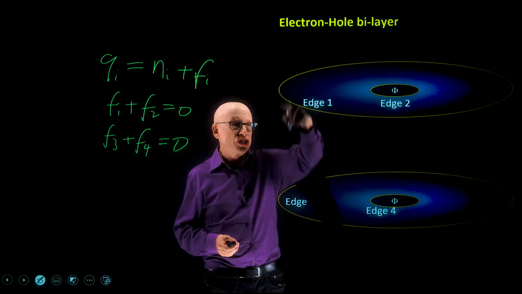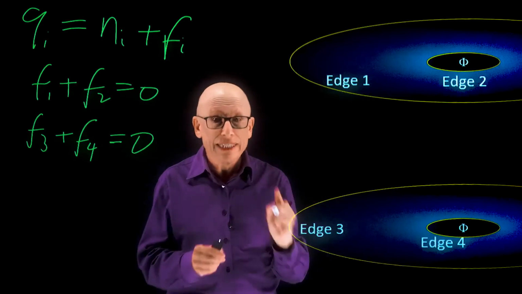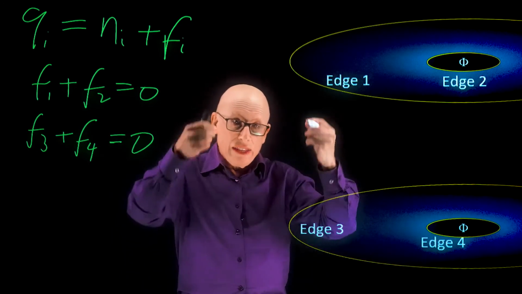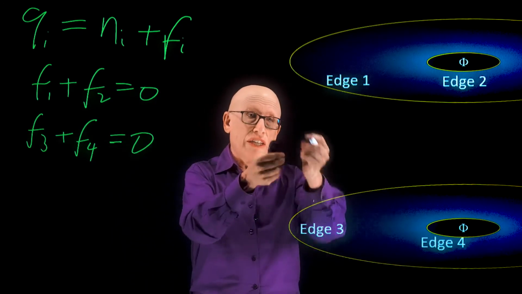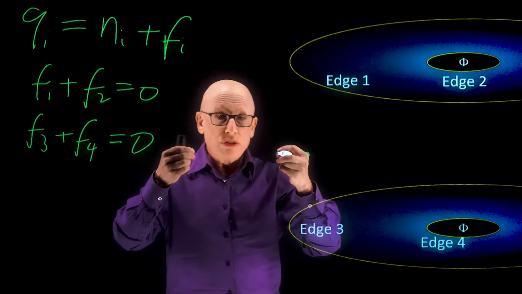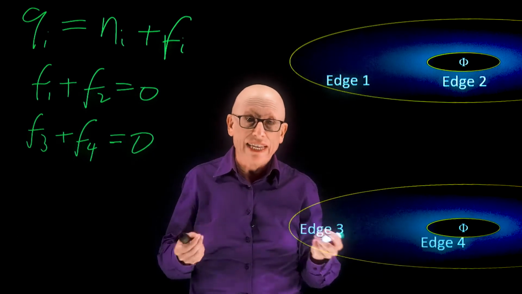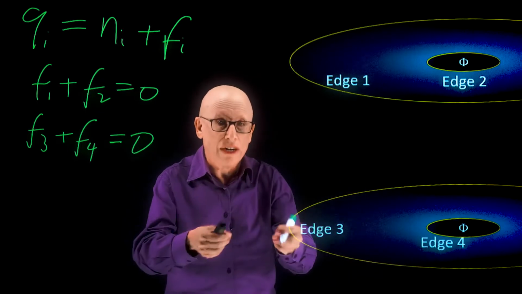Next, we think about the fractional charges of 1 and 3, and how they constrain one another. This constraint is not part of the fundamental requirement of the total charge on a disk being an integer number, but it comes out of our interest in analyzing what happens in the ground state.